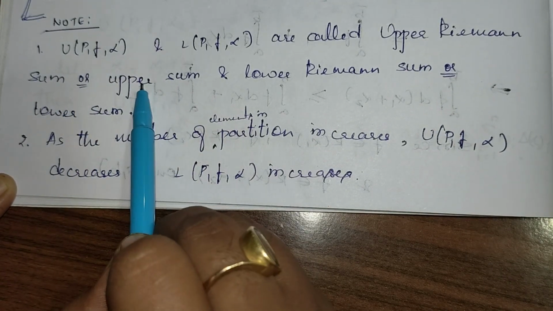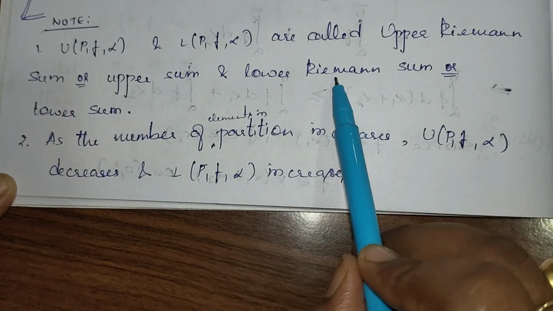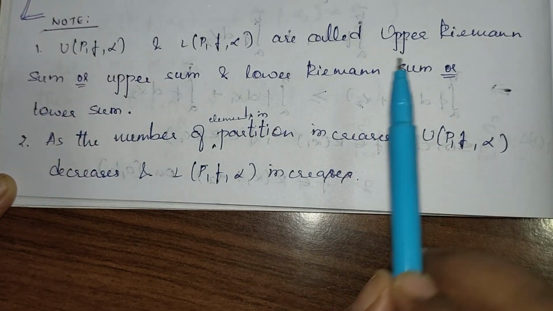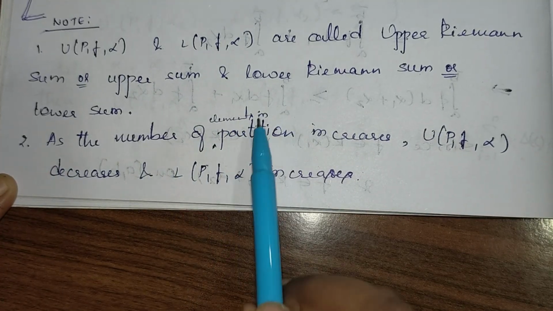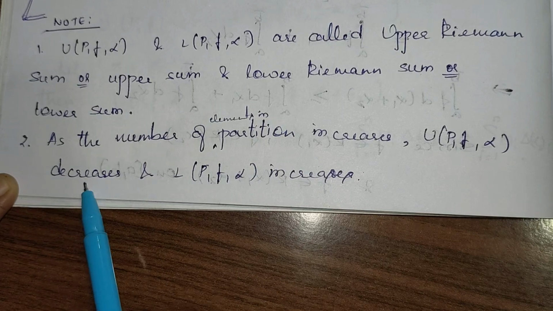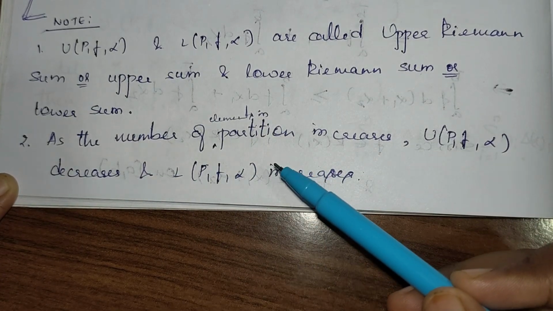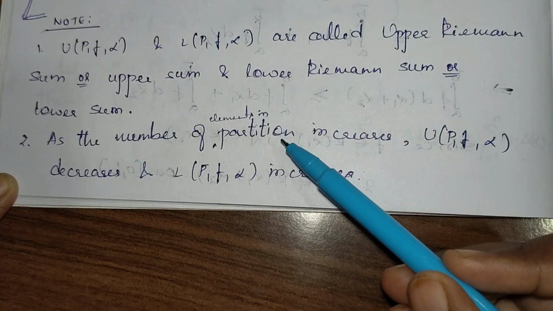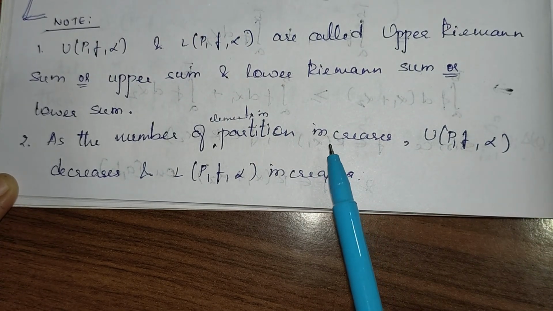Instead of upper sum, you can call it upper Riemann sum, or instead of lower sum, you can call it lower Riemann sum. Okay. And second one, as the number of elements in the partition increases, this upper sum decreases and lower sum increases. So you can take any example and try. Say the example 1 comma 10, closed interval 1 comma 10. In that only, you can.